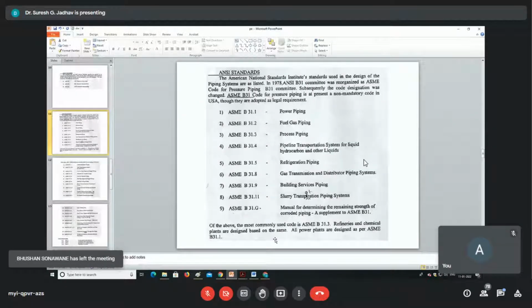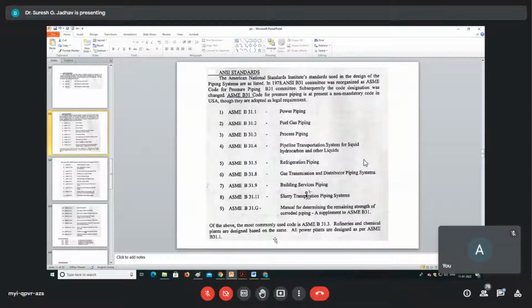Building services piping we refer to ASME B31.9, and slurry transportation piping systems, that is ASME B31.11, and the manual for determining the remaining strength of corroded piping is a supplement of ASME B31.1.